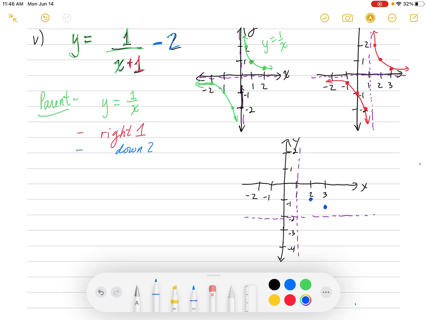Okay, now I'm going to shift 2, 1 down 2. And it's going to go to 2, negative 1. And then I'm going to take the red point of 1.5, 2 and move it down 2. It's going to be 1.5, 0, right there.